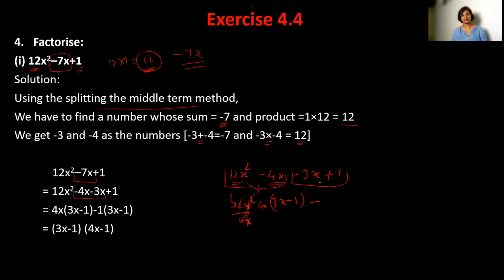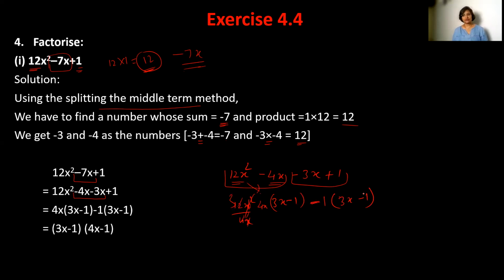To make it 3x minus 1, we take minus 1 as common. So minus 3x will become 3x, and plus 1 will become minus 1, because we have taken minus 1 as common from both terms.